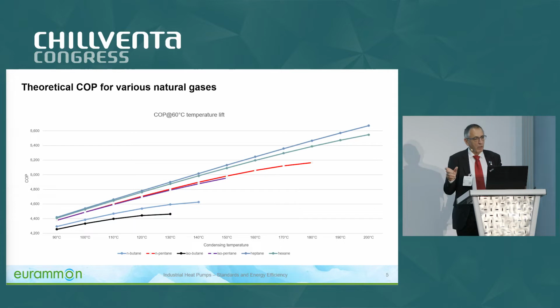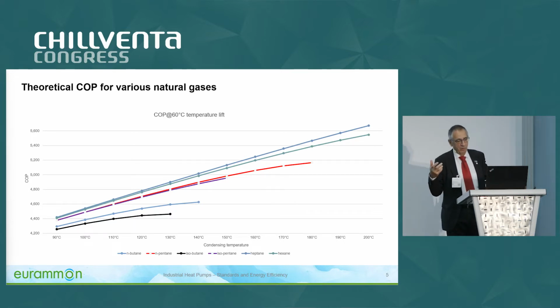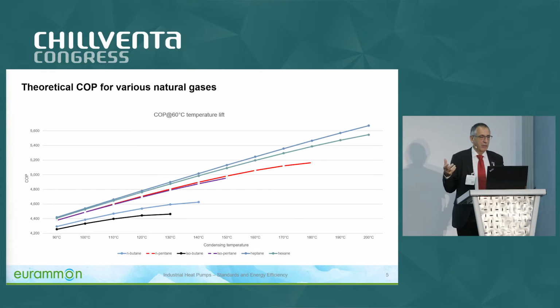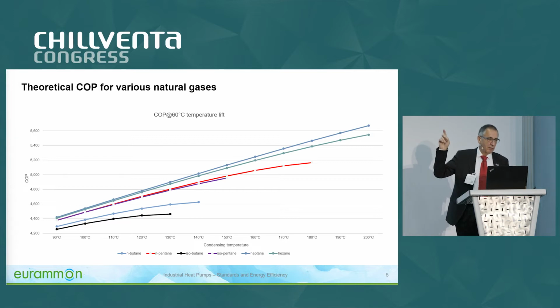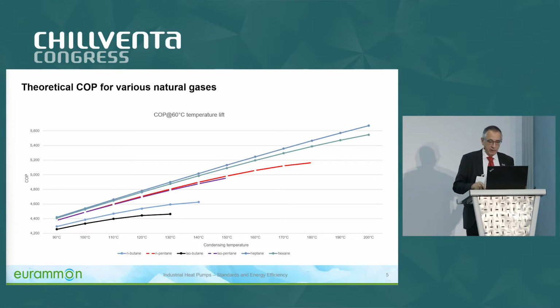COP is one way to measure the refrigerant, but COP is only one of several measures you have to consider. Here you can see we have hexane and heptane as the best, but I can tell you it's not so easy to choose. Actually, butane here is not very interesting if you look at the COP only.